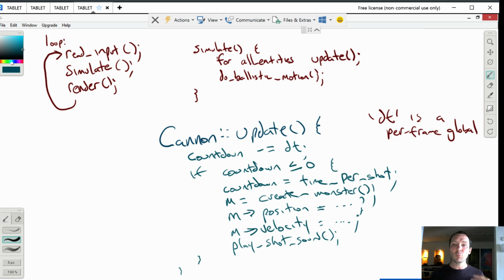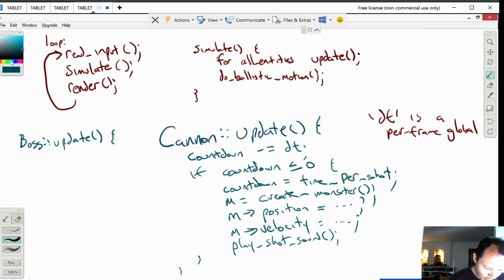The cannon is probably doing multiple things because it's got animations of its own that it's driving and whatever. And this is one of many entities, right? So a different entity will have a different update. You know, a big one is the boss, right? The boss is a big monster that lives in a cave.